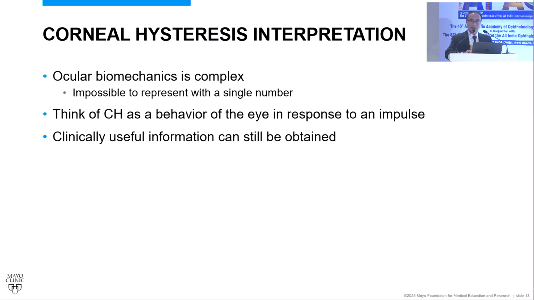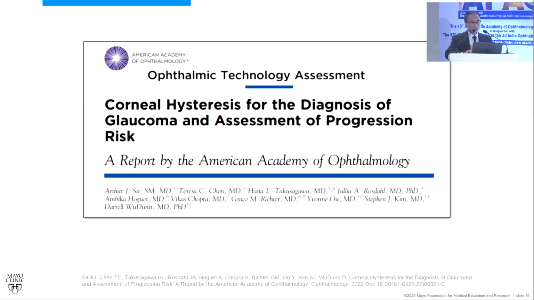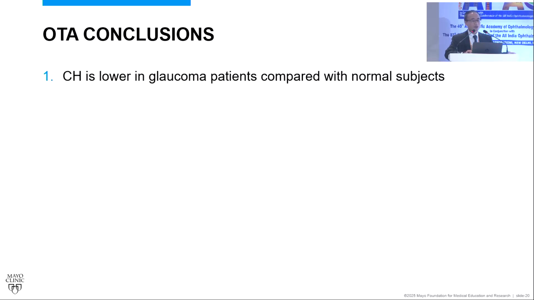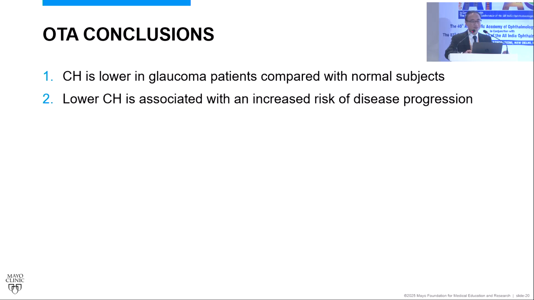That being said, you can still get useful information out of this, and this was the topic of an ophthalmic technology assessment a few years ago by the American Academy of Ophthalmology. After reviewing all of the studies, and there have been hundreds of studies looking at corneal hysteresis and glaucoma, the assessment concluded that CH is lower in glaucoma patients compared to normal subjects.